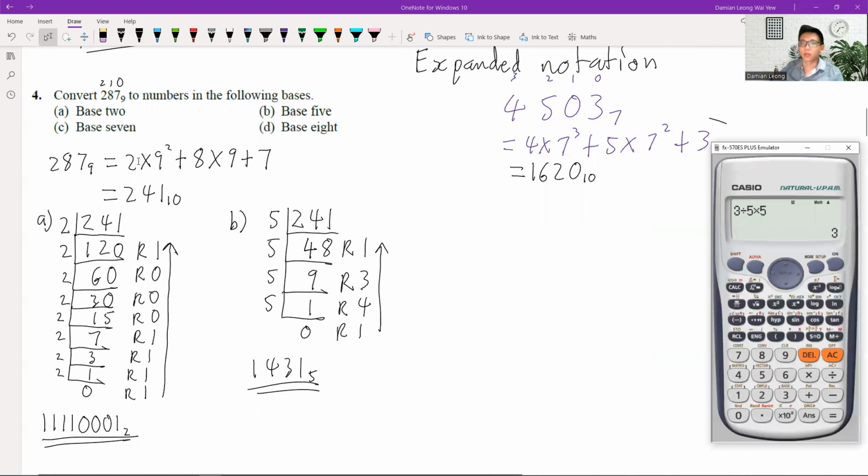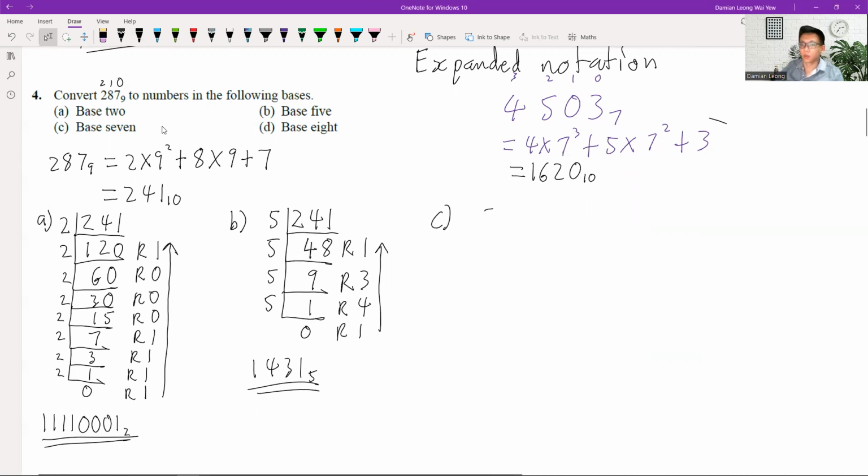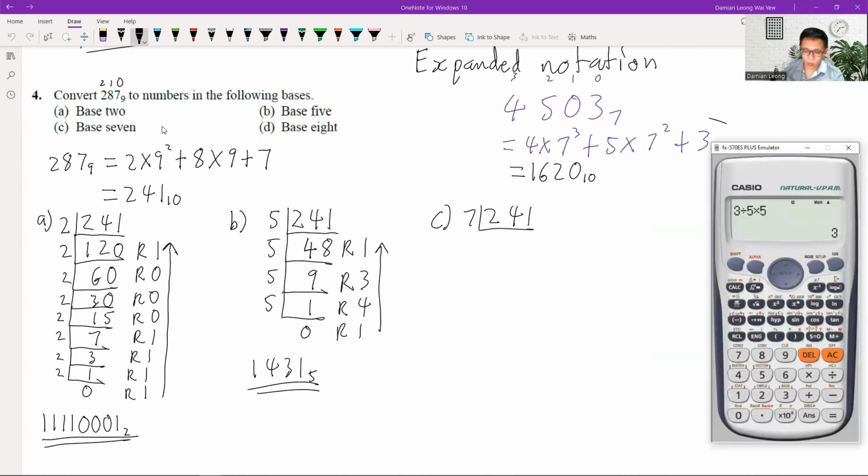So you see, I can do the same thing for base 7 here. 241, change to base 7 means divide by 7. Maybe 7 is a bit hard to divide from 241, so use the calculator, 241 divided by 7. Let's say I put mixed number.